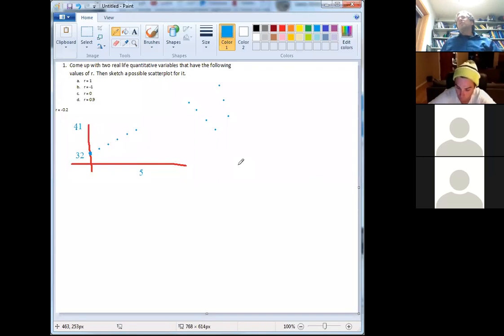If R equals 0, that means no correlation. So there are many, many, many things that have no correlation. So an example. All I needed was your exam score on the midterm.